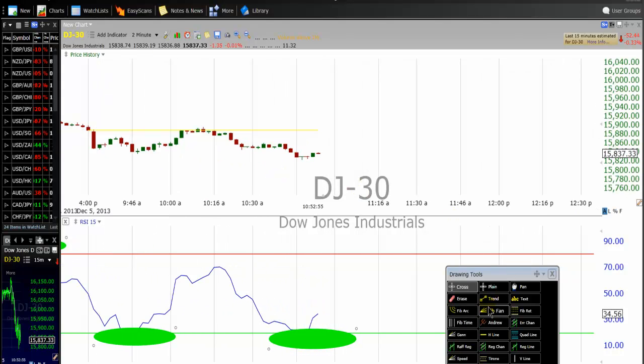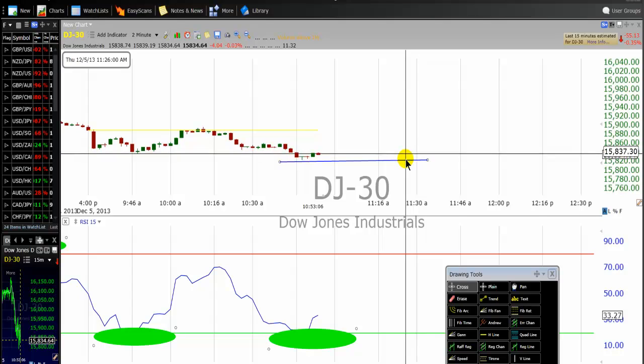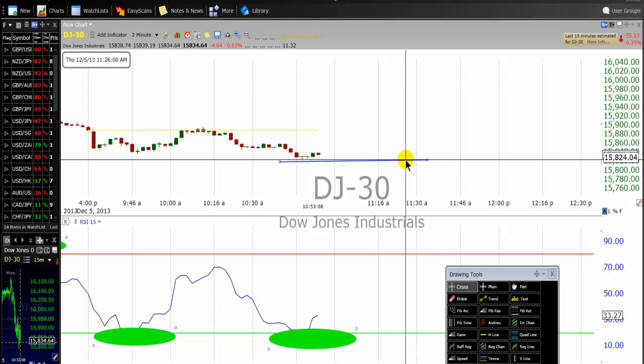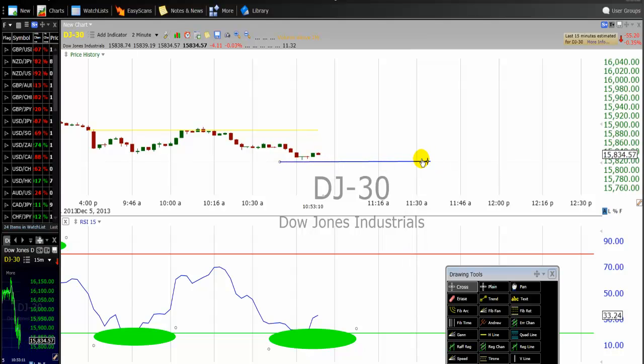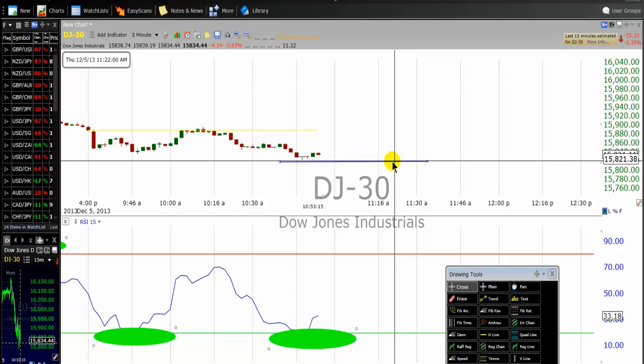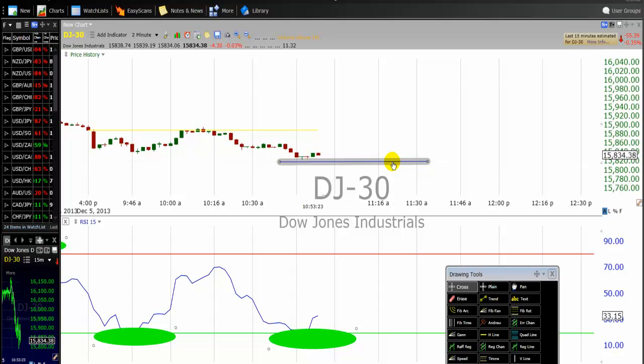So we may decide to set another rule, maybe a warning line here. Suppose the warning line for this trade is at 15819. If the price dips below 15819, we close all trades. That will be another rule, all right?